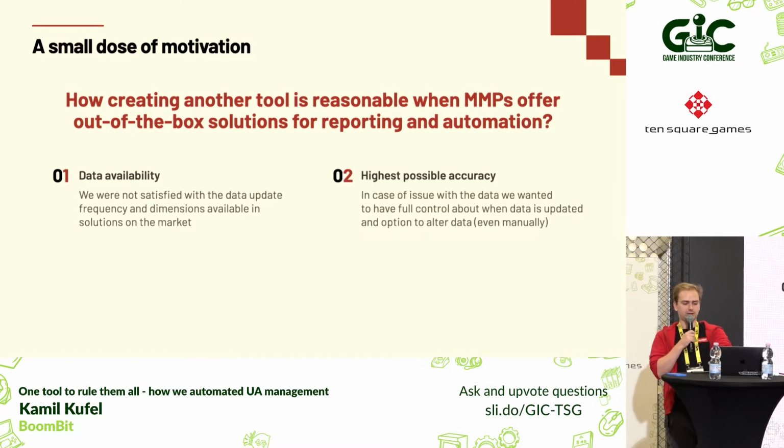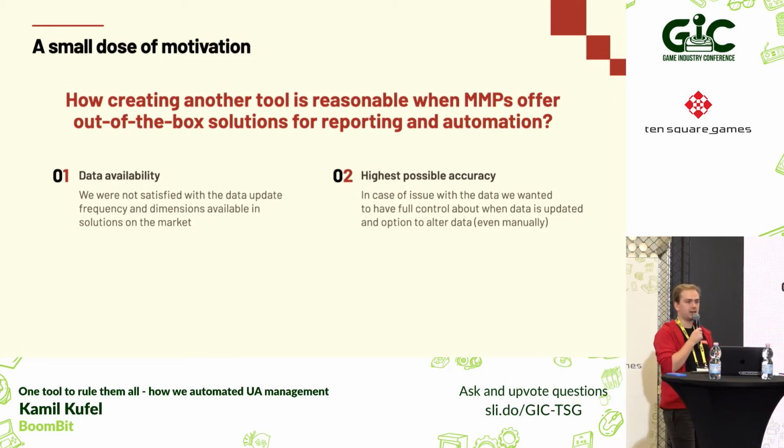Second reason, we want to achieve the highest accuracy possible. Sources of data sometimes have delays, sometimes there are discrepancies. So every time something weird occurs in the data, we need to click a button and refresh everything: refresh user level, refresh raw data, and have all the aggregated reports recalculated.